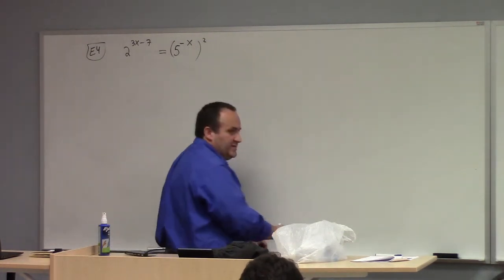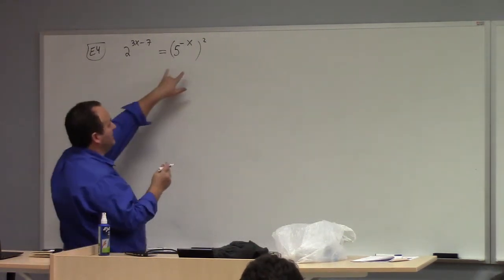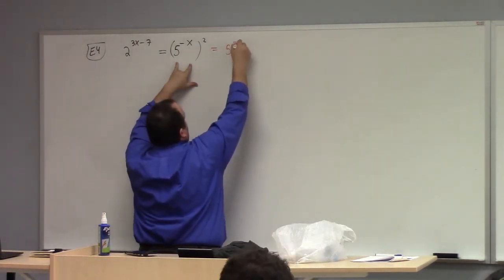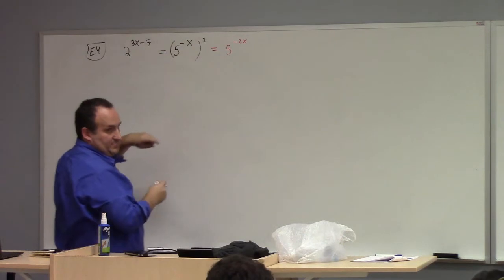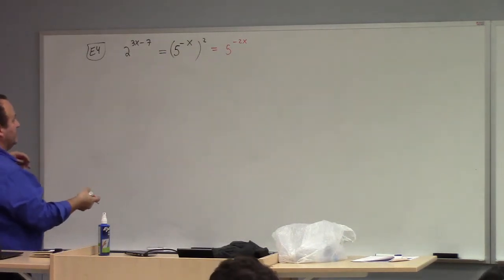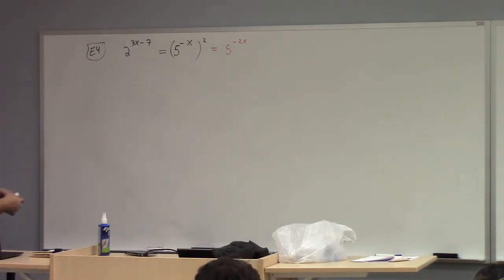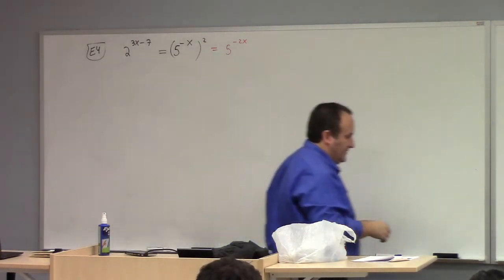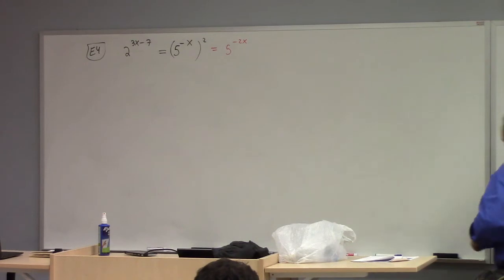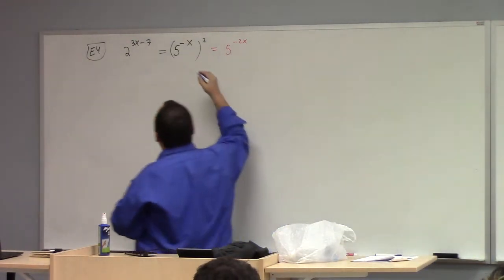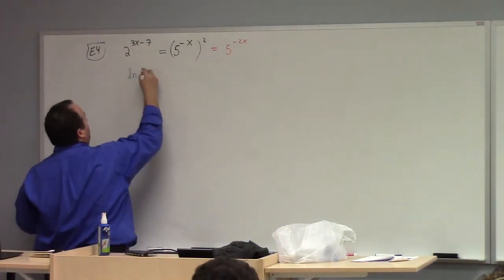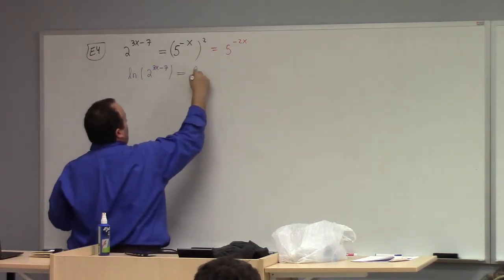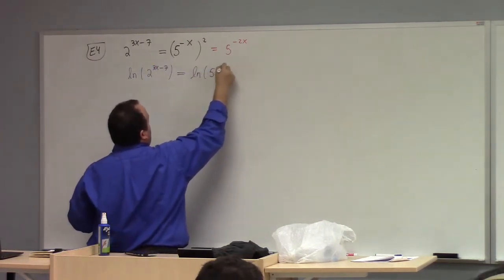So the first thing we must know is laws of exponents, which is that this is just 5 to the minus 2x. Okay, so let's get that out of the way. Next up, I take the natural log of the equation. So natural log of 2 to the 3x minus 7 equals natural log of 5 to the minus 2x.